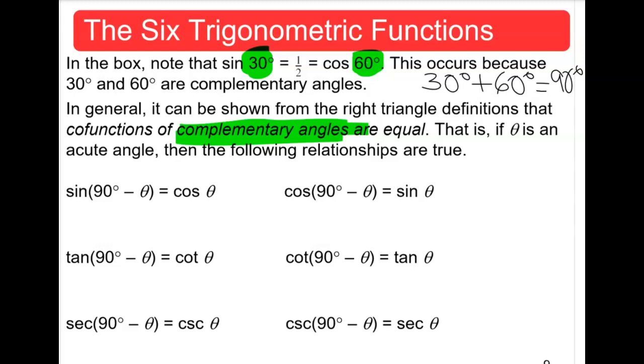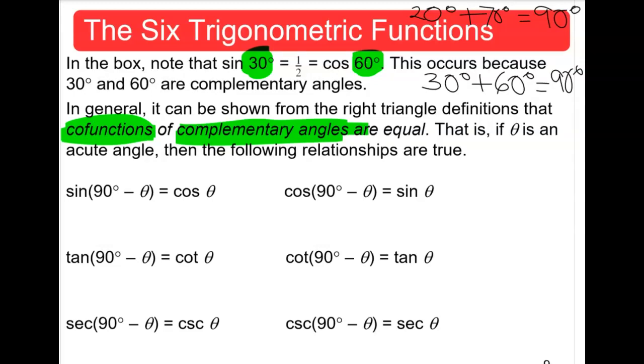Another example could be 20 and 70. That will also equal 90. So when you have complementary angles, we are going to have the cofunctions. And that is what we were discussing on the previous slide.